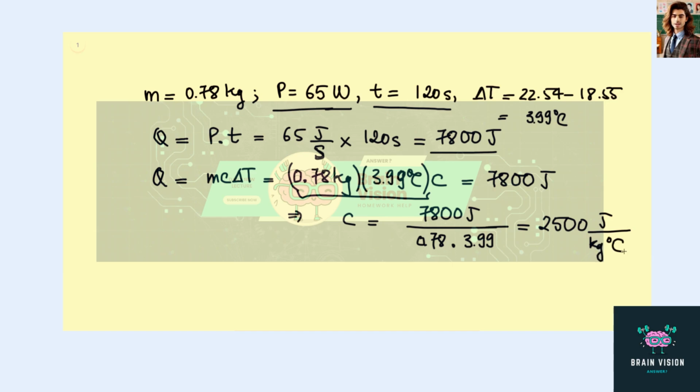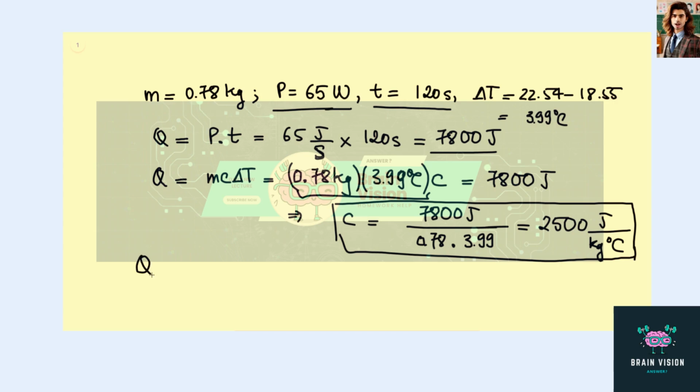Now, the second part of the question asks, if the amount of heat transfer to the container cannot be ignored, then what would happen to our calculated value of the heat capacity? Well, just imagine if some of this heat is also transferred to the container, then the actual amount of heat transfer to the material will be smaller than 7,800 joules.